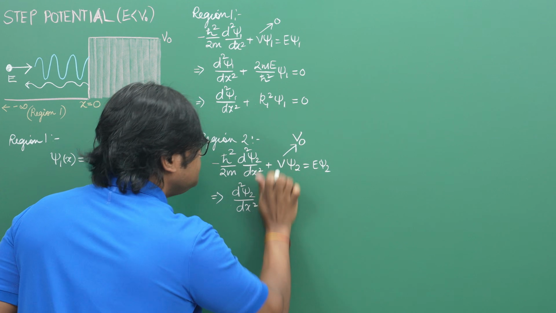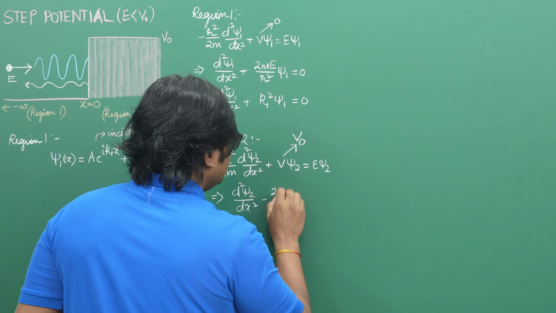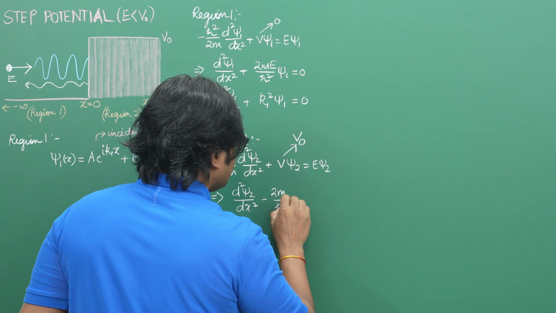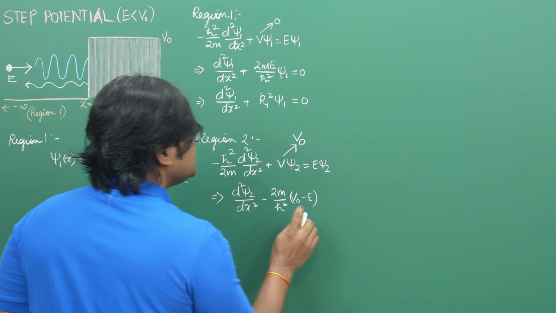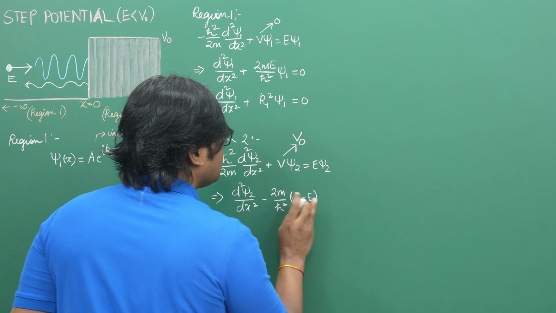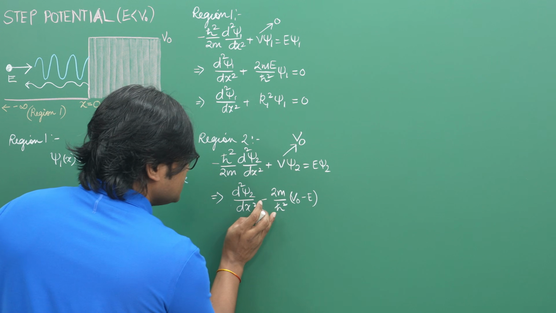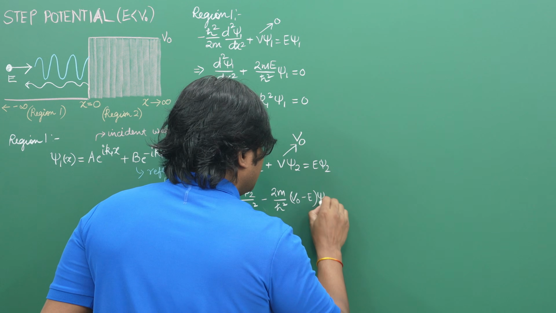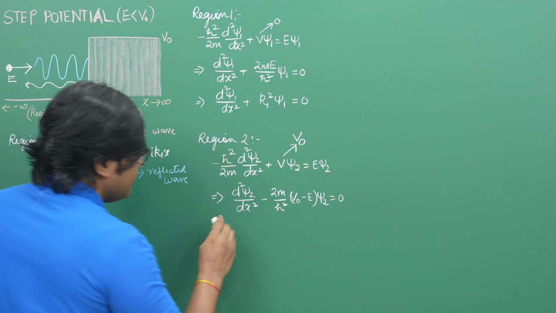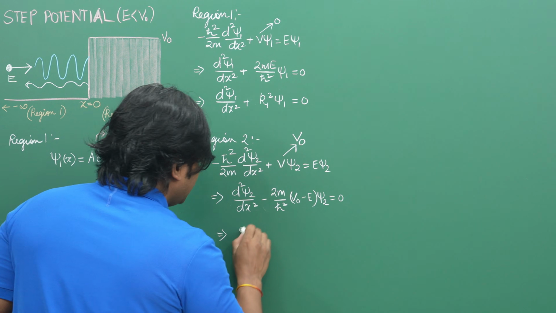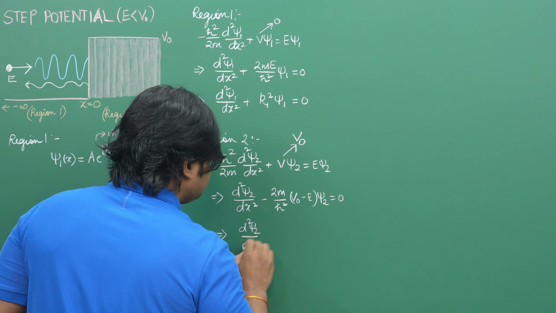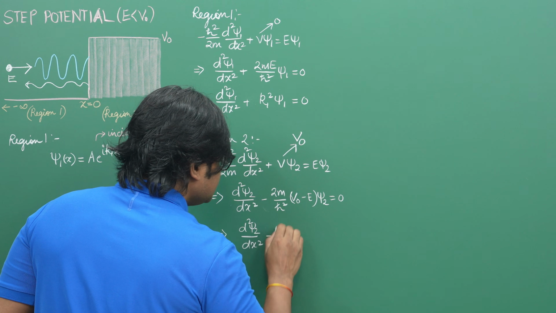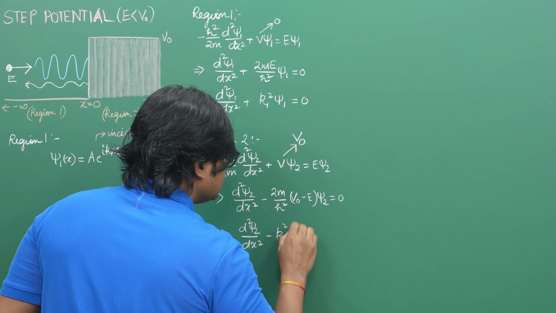And this should become minus 2m upon h cross square V0 minus E. I want to keep this term positive. Therefore, I have taken V0 minus E, and therefore there is a negative sign that appears here, psi 2 is equal to 0.